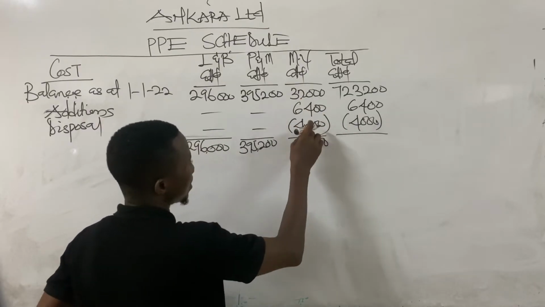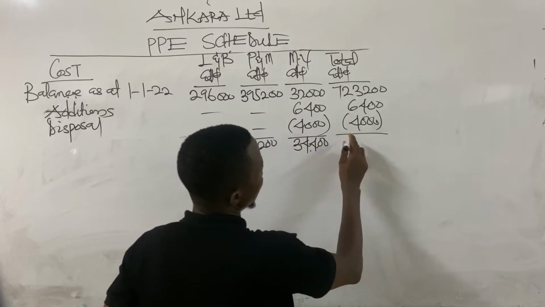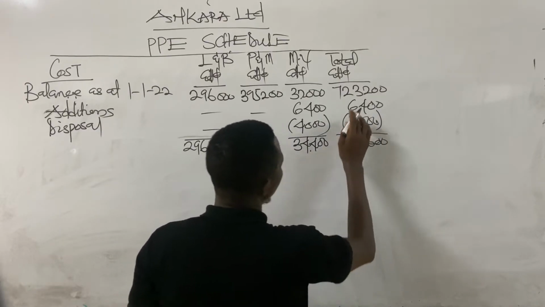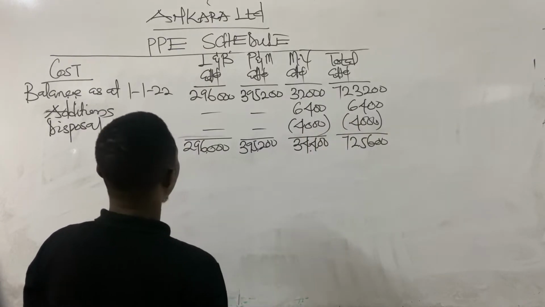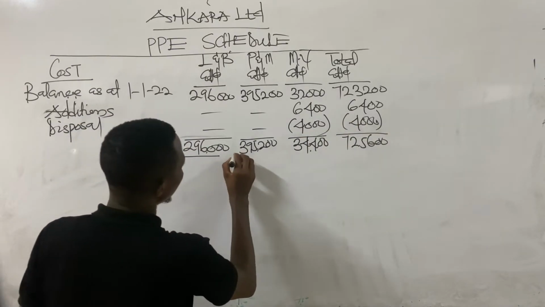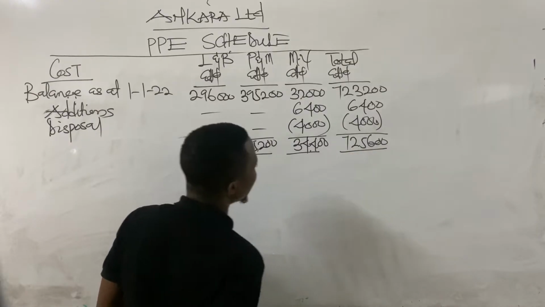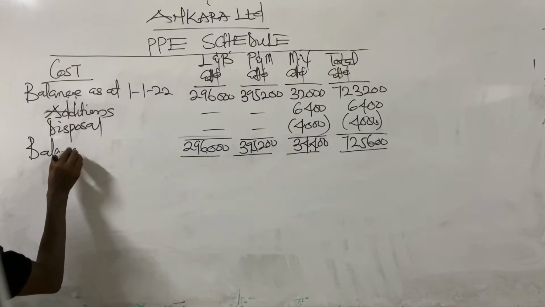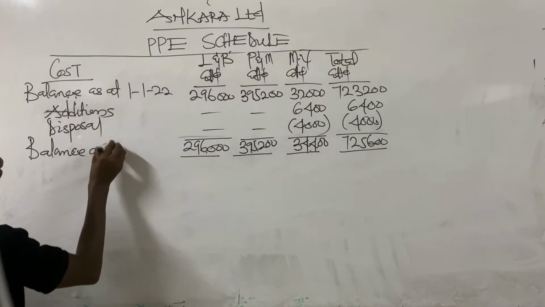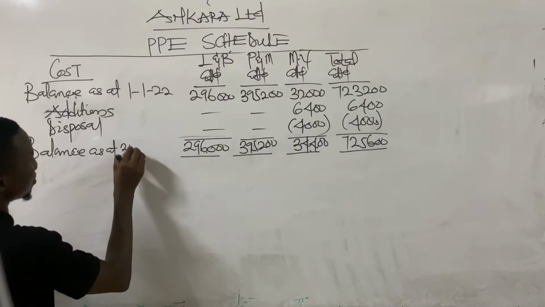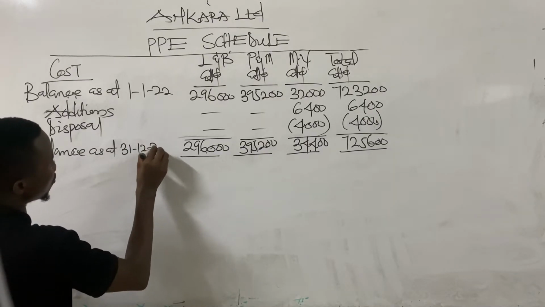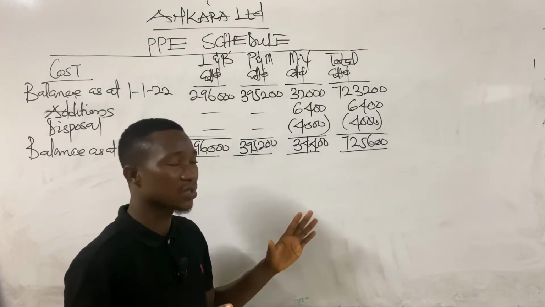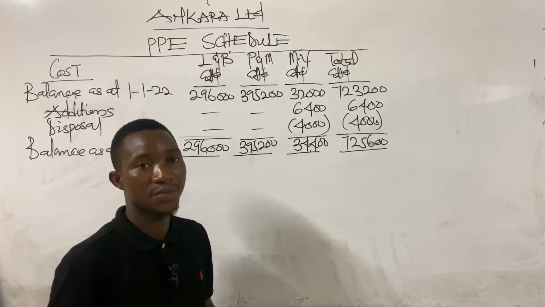That is when we add this to this and subtract this, and this will give us 725,600. We add this and subtract this. So this becomes the closing balance of the asset. So that is the balance of the asset, that is 31st December 2022. Is that okay?